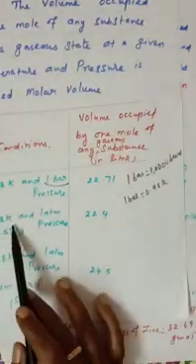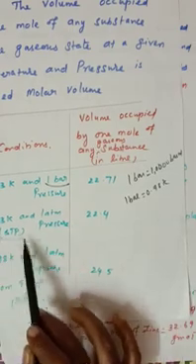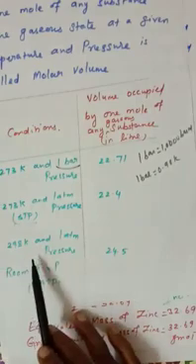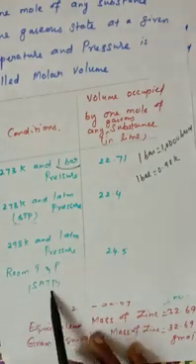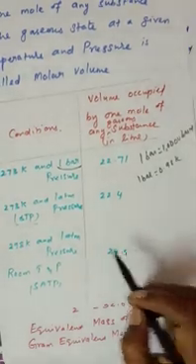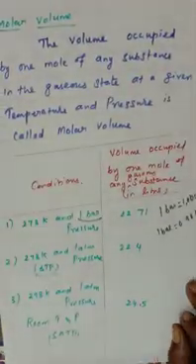Once again, at 273 Kelvin and 1 atmospheric pressure, that is the STP value, it is equal to 22.4. As well as at 298 Kelvin and 1 atmospheric pressure, room temperature and pressure, that is the SATP value, it is equal to 24.5. In these three conditions, the volume is converted into liters. This is known as molar volume.